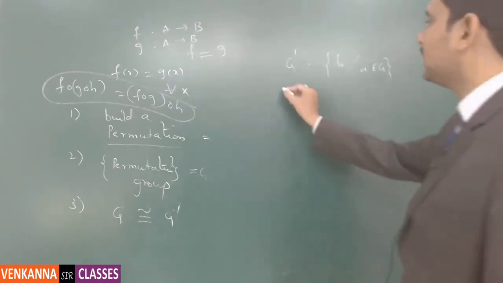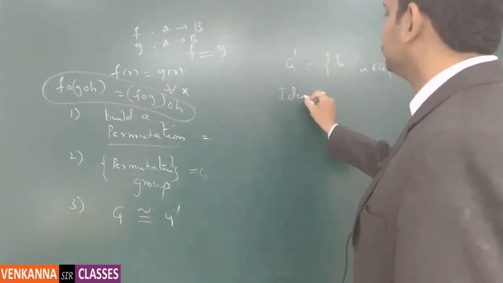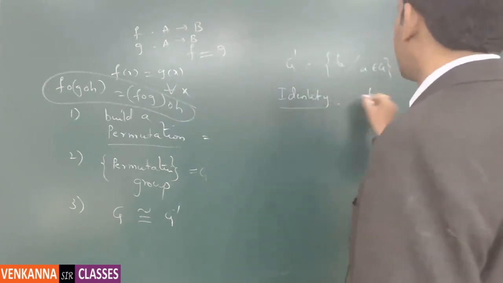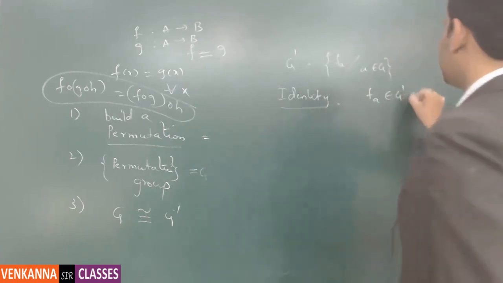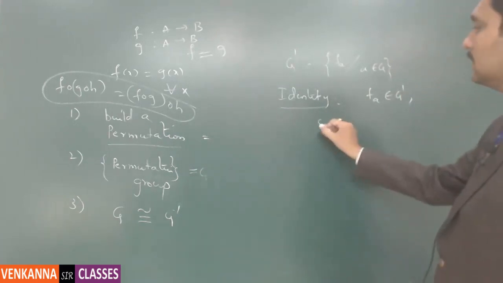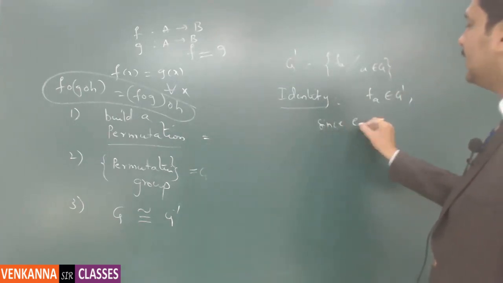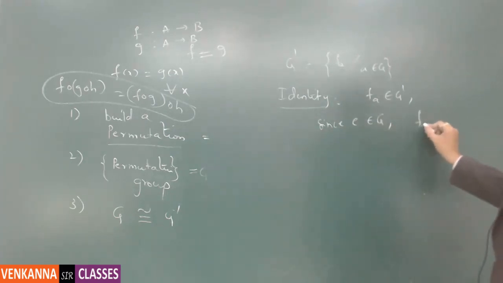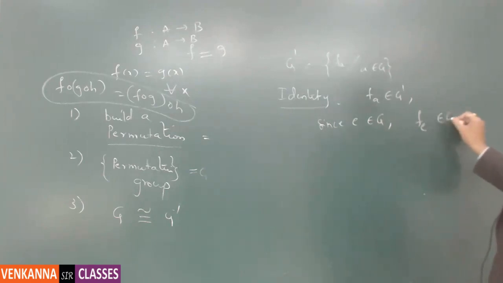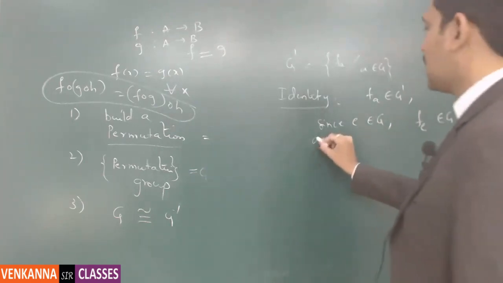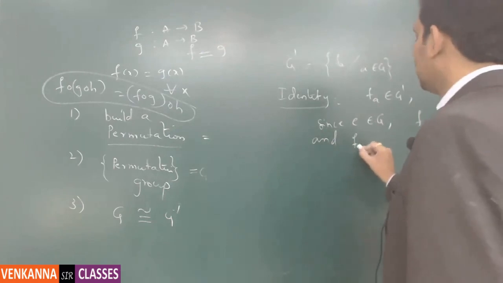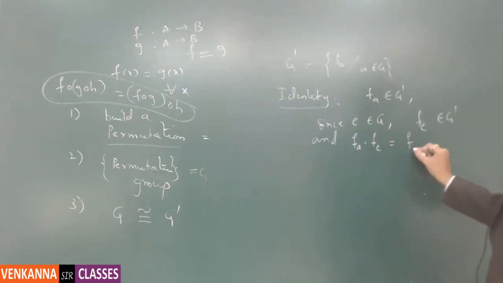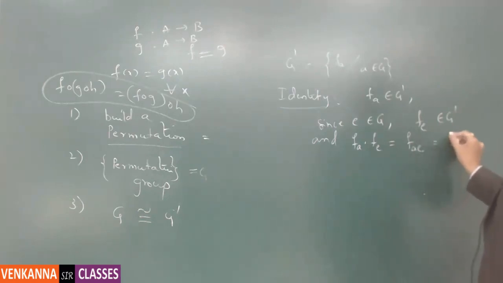So if you think about identity, for any permutation in G dash, since E is the identity element in the group, the corresponding permutation FE belongs to G dash, and FA dot FE is equal to FAE, equal to FA.